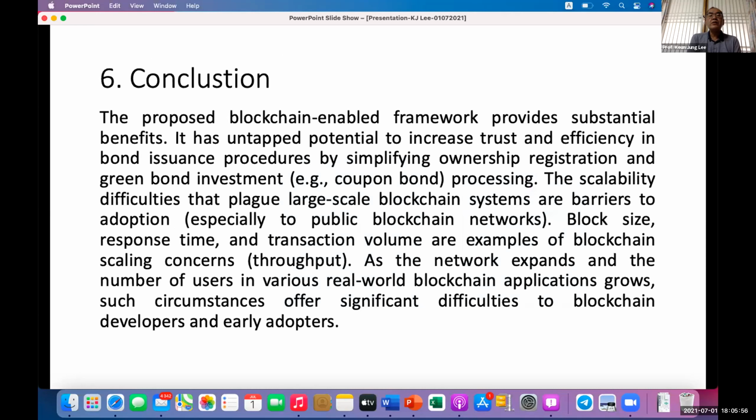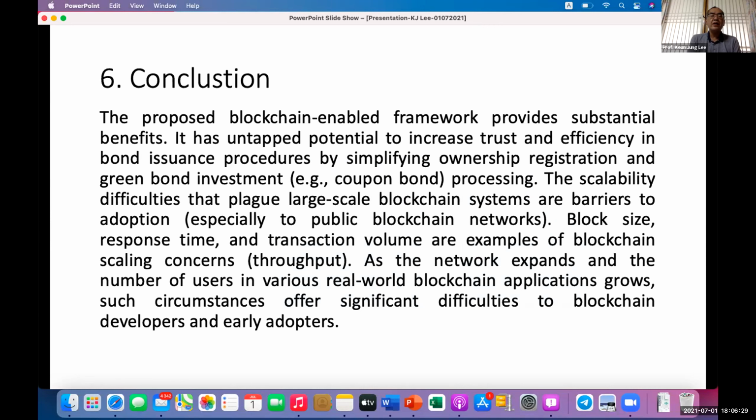The conclusion is that the proposed blockchain-enabled framework provides sustainable benefit. It has untapped potential to increase trust and efficiency in bond issuance and procedures by simplifying ownership, registration, and green bond investment, for example coupon payments. Scalability is difficult, and large-scale blockchain systems are a barrier to adoption, especially on public blockchain networks.